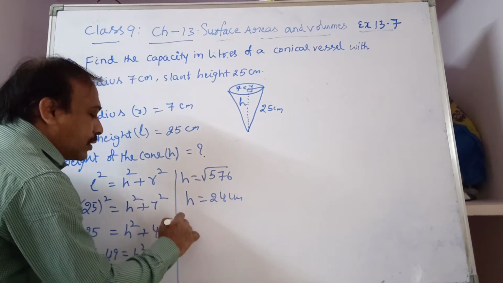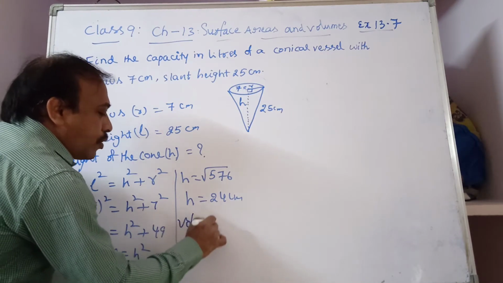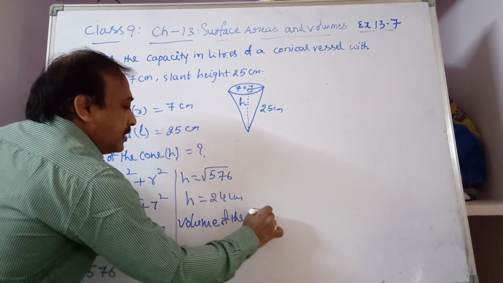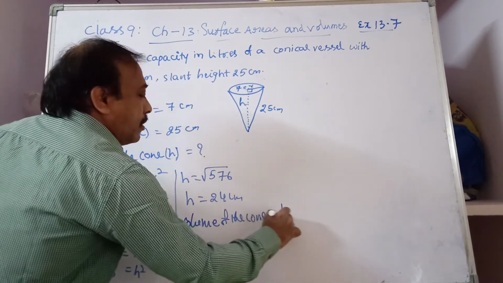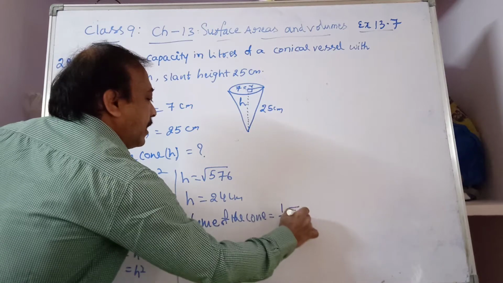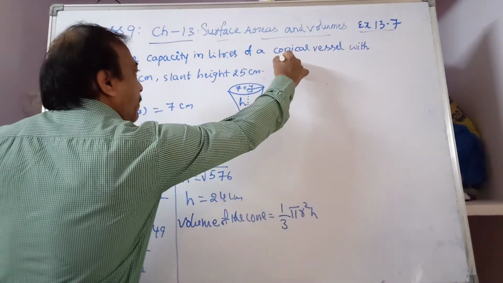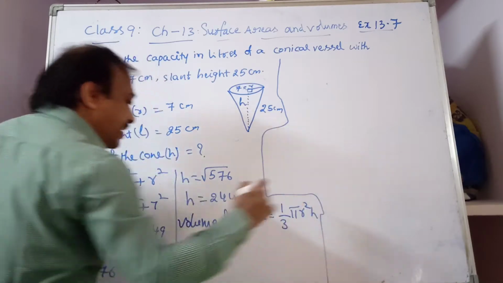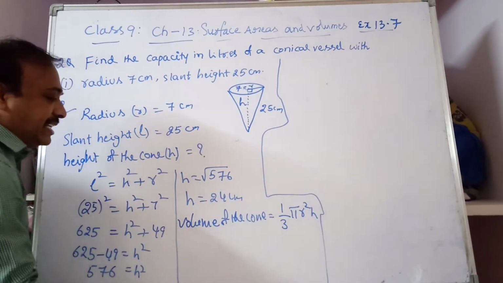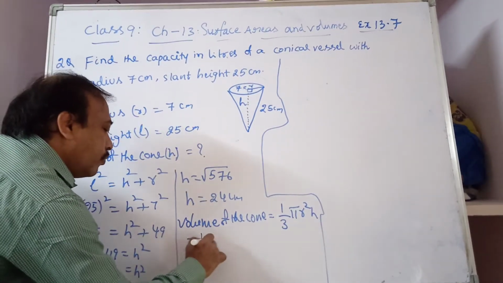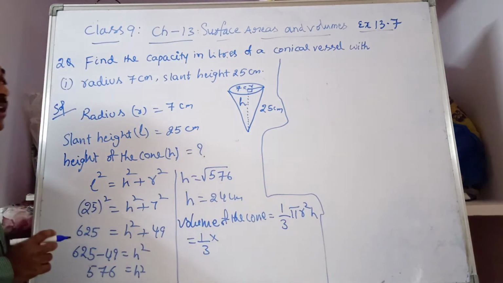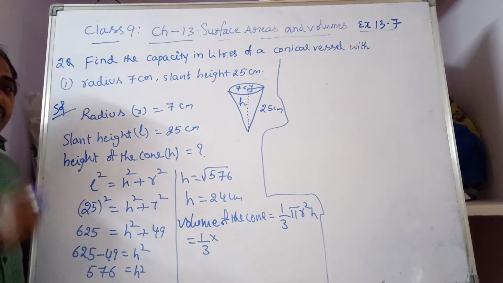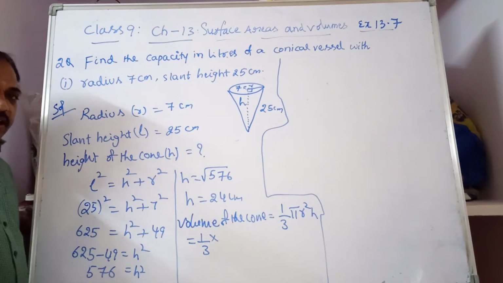Now the volume of the cone. What is the formula? 1 by 3 pi r square h. So this is equal to 1 by 3 into the pi value, which is already mentioned in the question. Use 22 by 7, as given in the textbook at the beginning of the exercise.